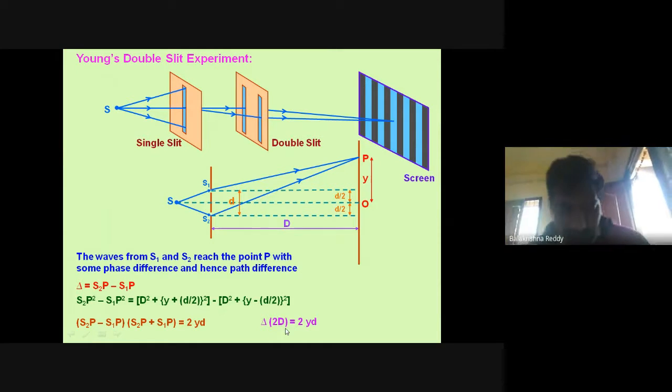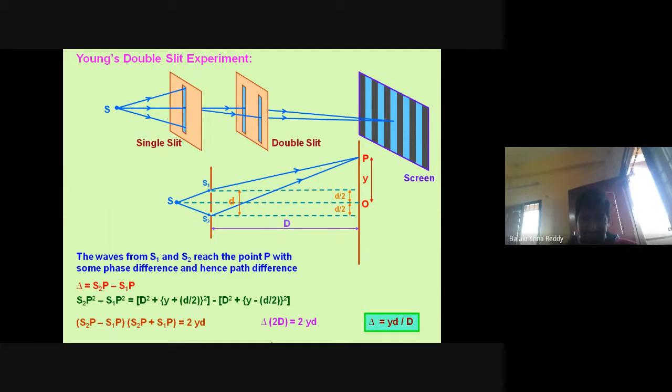So therefore S1P equal to S2P equal to capital D. Further, I can cancel the 2, and write y into small d by capital D.